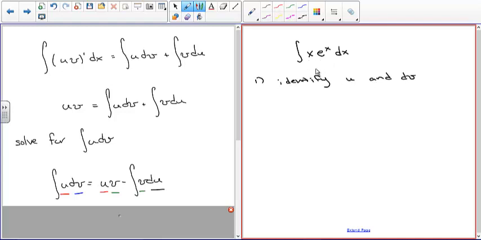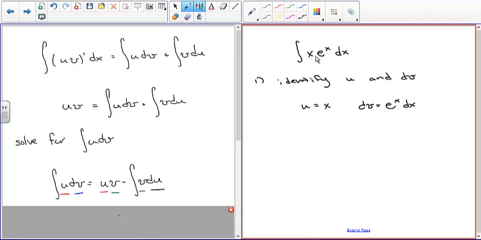So we're going to take part of this expression and we're going to call it u. There are certain rules, but I'm just going to tell you what I'm going to choose right now. I'm going to choose u to be x. Therefore, dv has to be the rest of it, which is e to the x dx. The dv part always includes the dx. So the question is, do I put the x with the dx, or do I put e to the x with the dx?